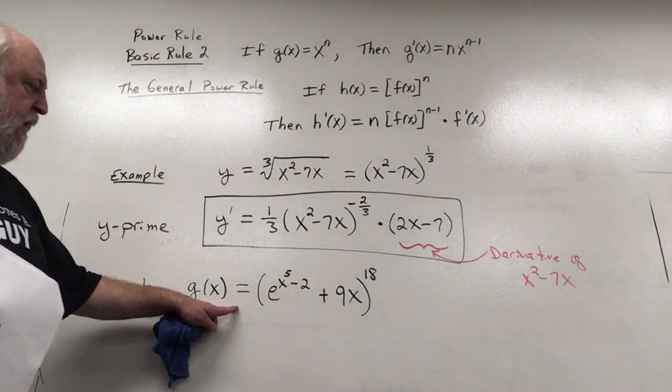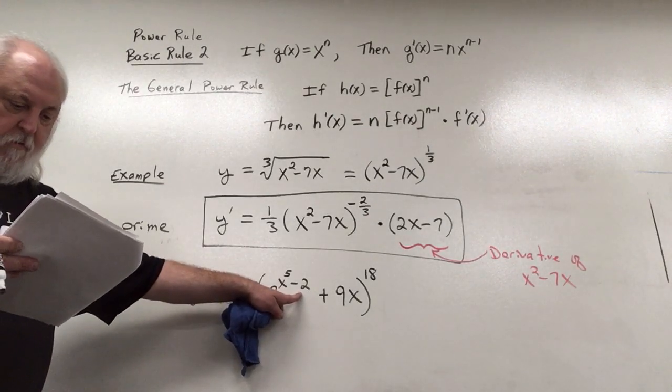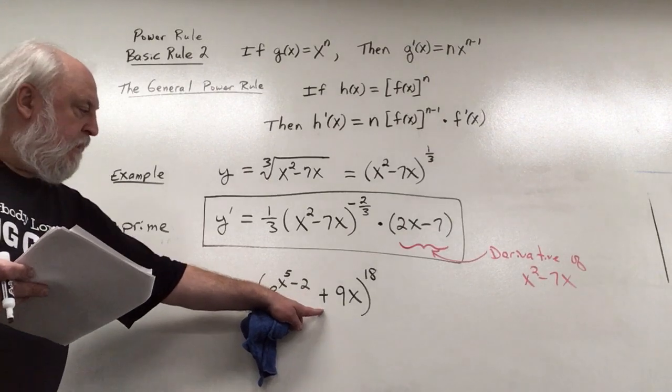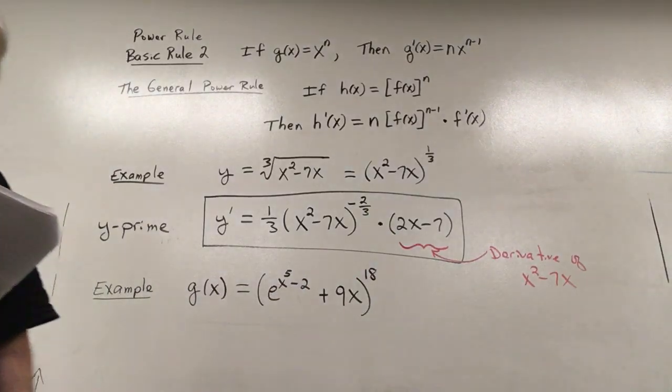So we have g of x is equal to e raised to the x to the 5th minus 2 power plus 9x, and that sum of those two terms raised to the 18th power.